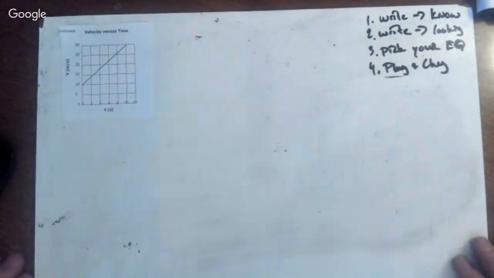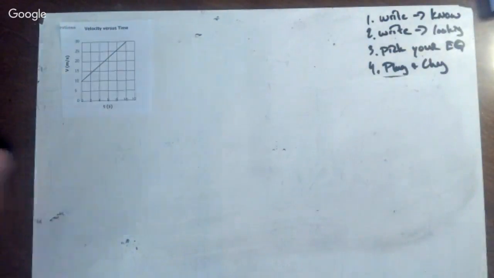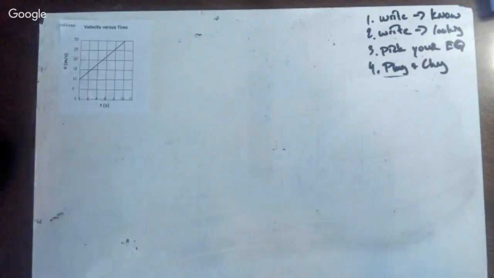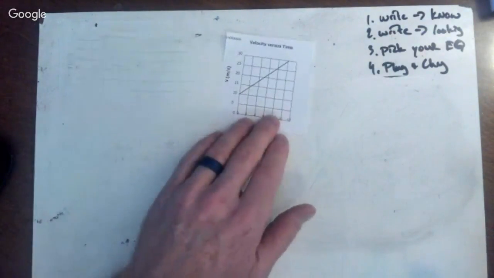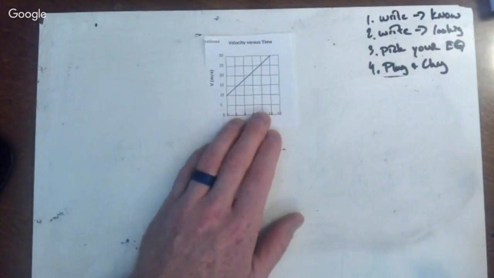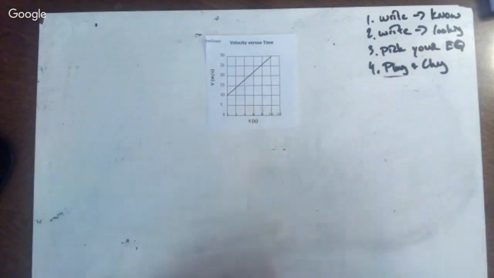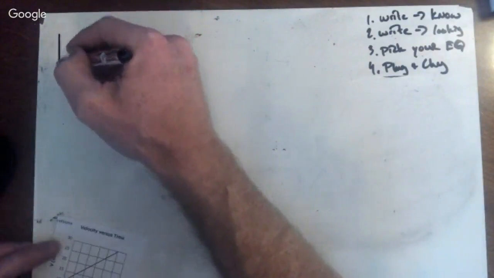Okay, so let's take a look at this little guy right here. We have a velocity versus time graph. I'm going to draw this again, but anybody in my class should recognize this from the quiz. So let's go ahead and draw this out.